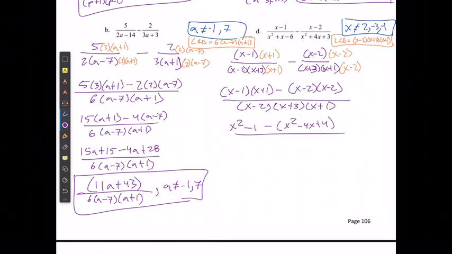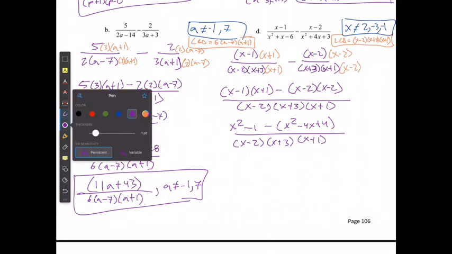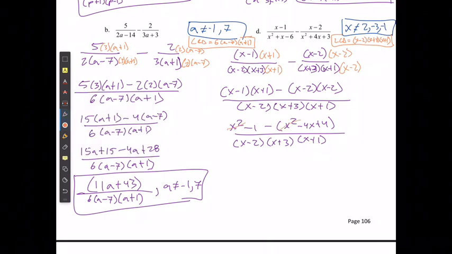And it's all over (x minus 2)(x plus 3)(x plus 1). So if I have the x squared and I'm going to subtract an x squared, those two are going to cancel out.